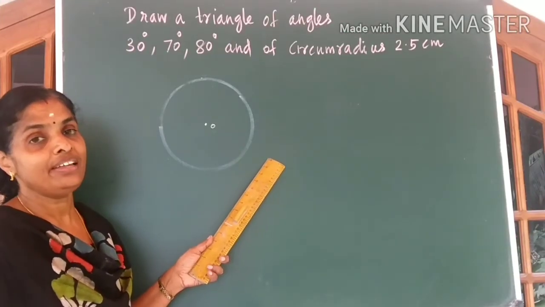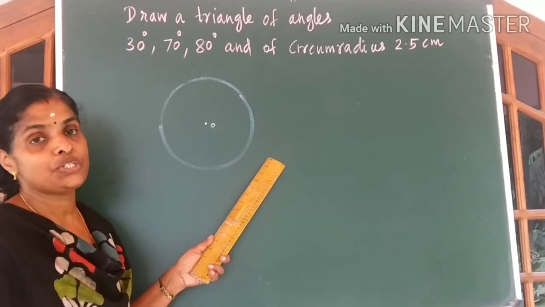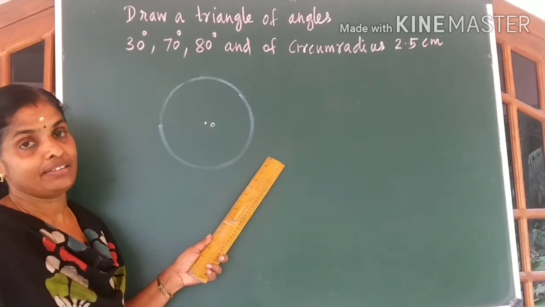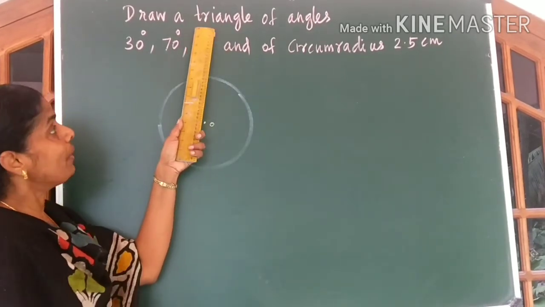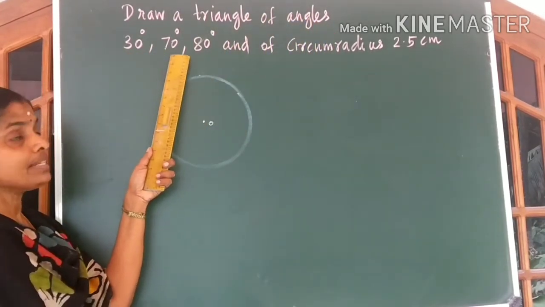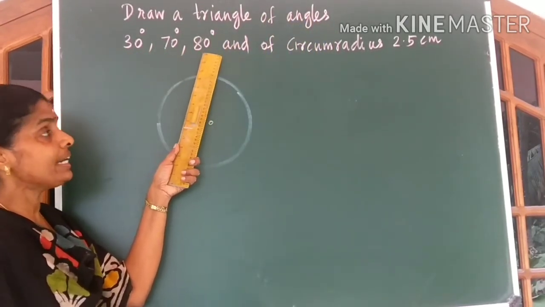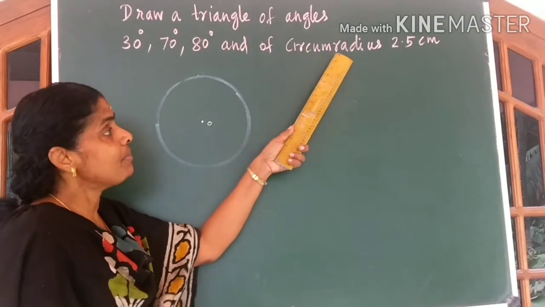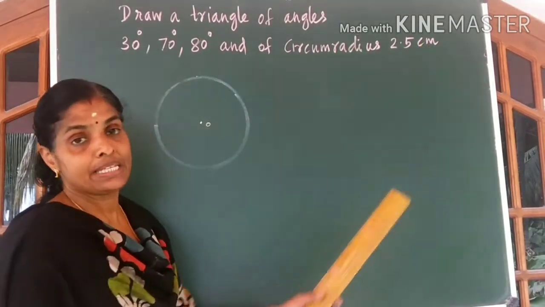Let us do a construction based on what we have studied. Look at the question. Draw a triangle of angles 30 degree, 70 degree, 80 degree and of circumradius 2.5 centimeter.